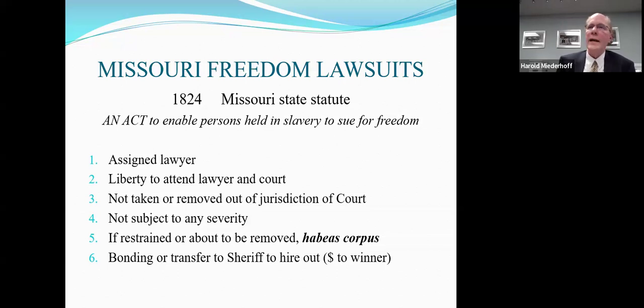But there were a lot of cases where the master reacted adversely with beatings and more work and created a lot of suffering to the slave.